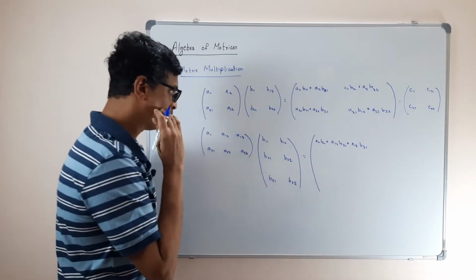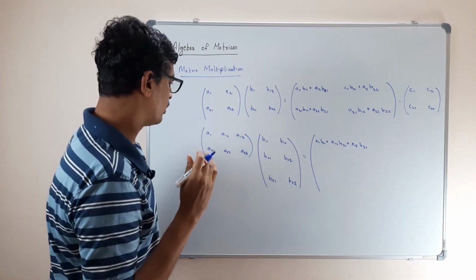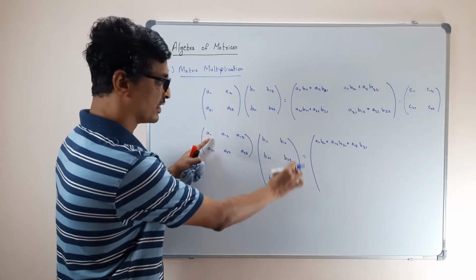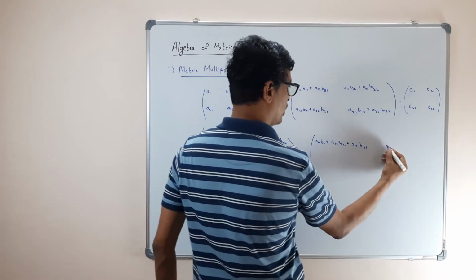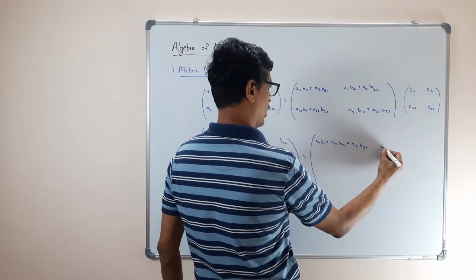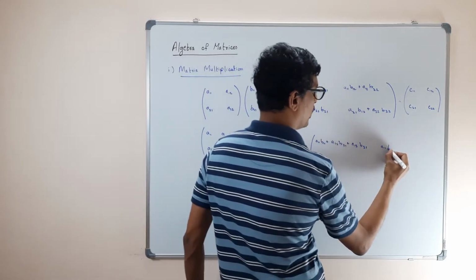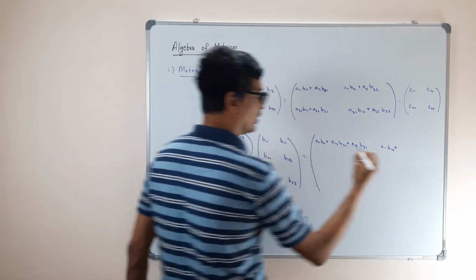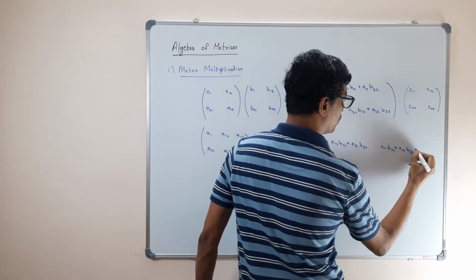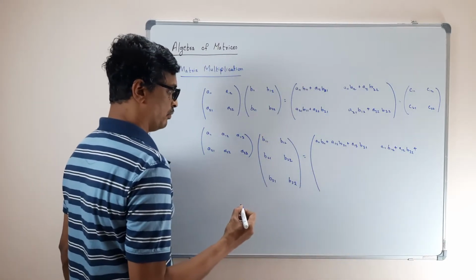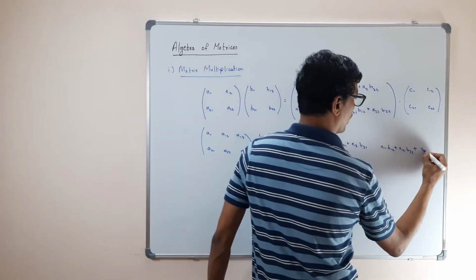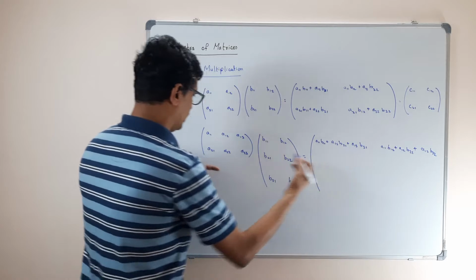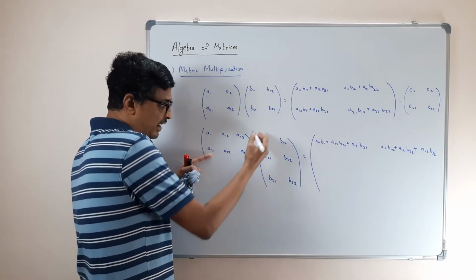I may run out of space, but we'll be able to do it. Next, this row and this column. What will it be? A11 B12 plus A12 B22 plus A13 B32. And now what about this? This will be the second row and the first column.